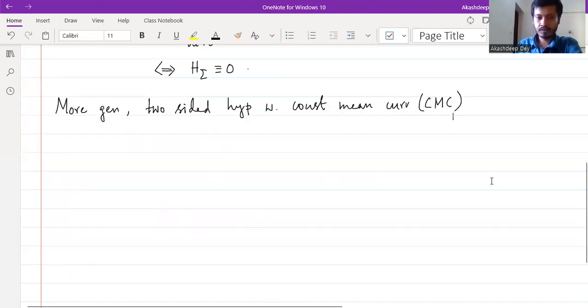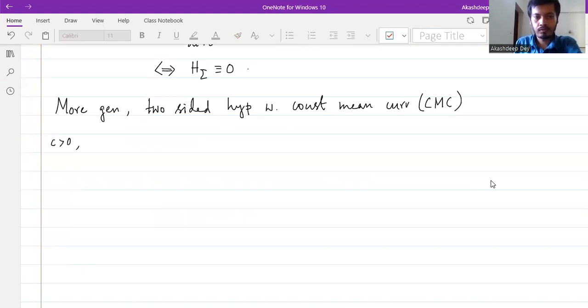So for c greater than 0, let us consider the A^c functional, which is defined on the space of regions in M with smooth boundary.